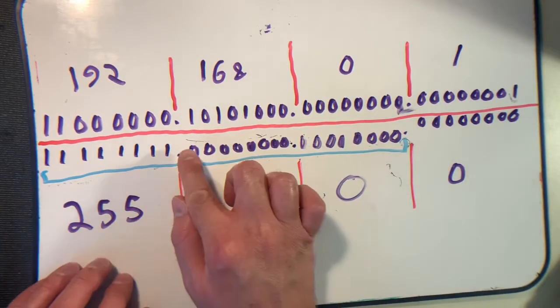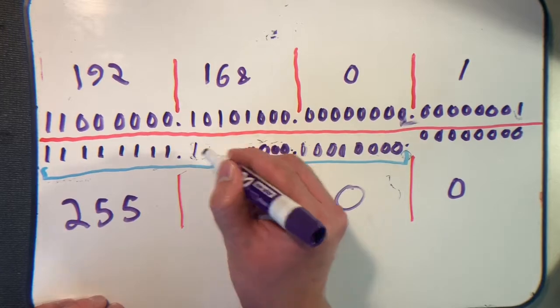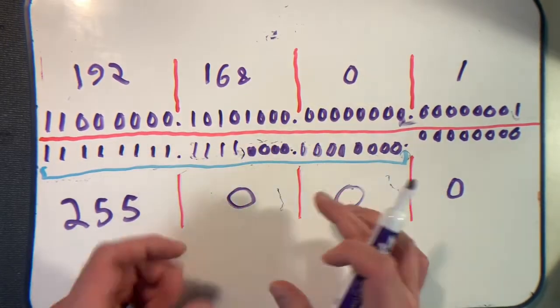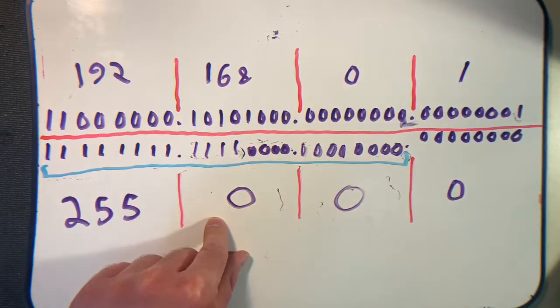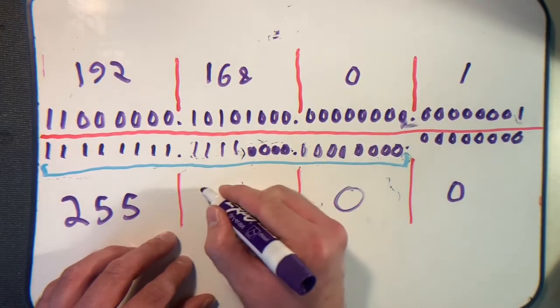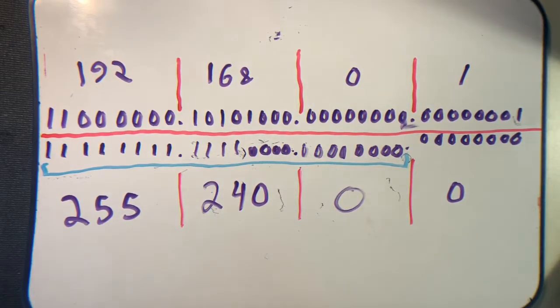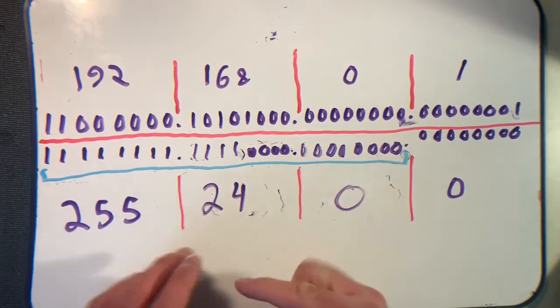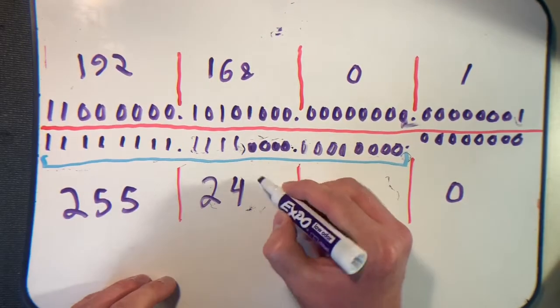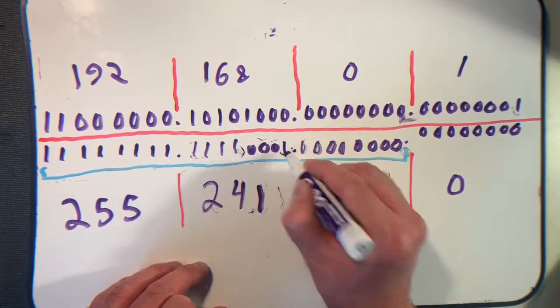So for example, I could say I want to make these 4 1s. Now that'll change this digit down here. So instead of it being 0, it will now be 240. But if I was to do that again, instead make this 241, I would then have to change this bit right here to a 1.